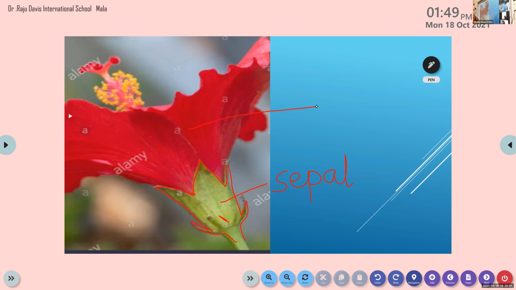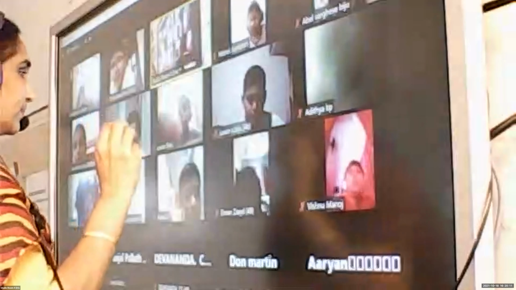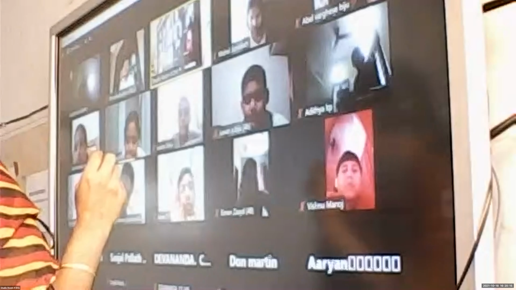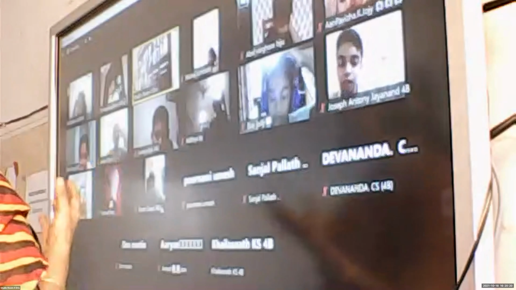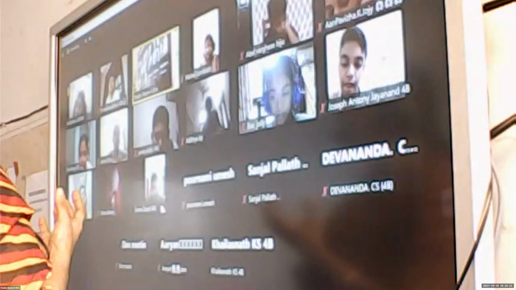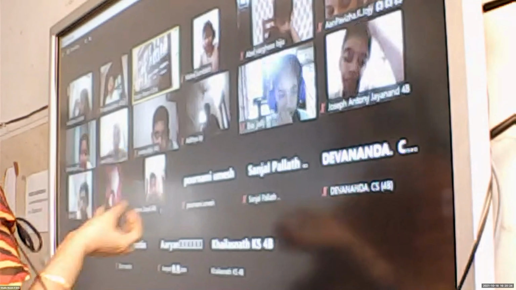Can you tell the name of that part, which we use for making the floral carpet during Onam? Petals. Rose petals. Many different types of flower petals we use to make floral carpets.